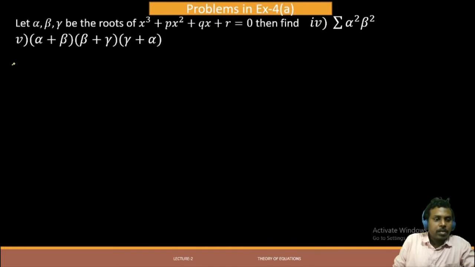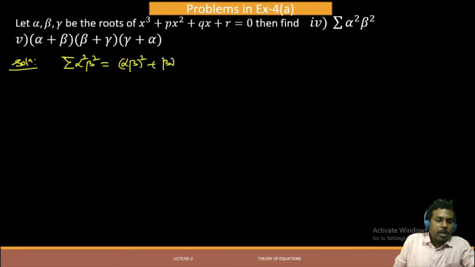Here is the solution. Given alpha, beta, gamma are the roots of it. Now let us try to understand the summation alpha square into beta square. That means what? Alpha beta whole square plus beta gamma whole square plus gamma into alpha whole square.